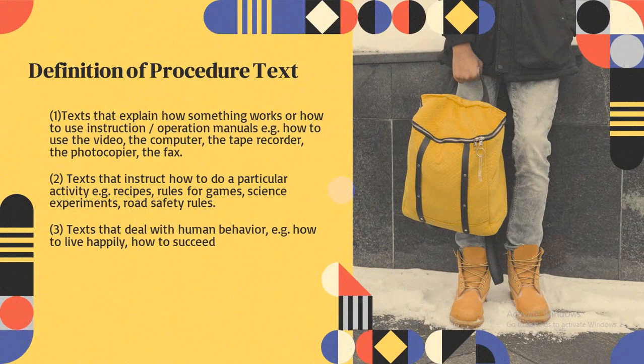Alright, now, what is the definition of procedure text? There are three definitions here. A procedure text is text that explains how something works or how to use instructions, such as operation manuals, for example, how to use the video, the computer, the tape recorder, the photocopier, the fax, the digital camera, and etc. Second, text that instructs how to do a particular activity, for example, recipes, rules for games, science experiments, road safety rules.